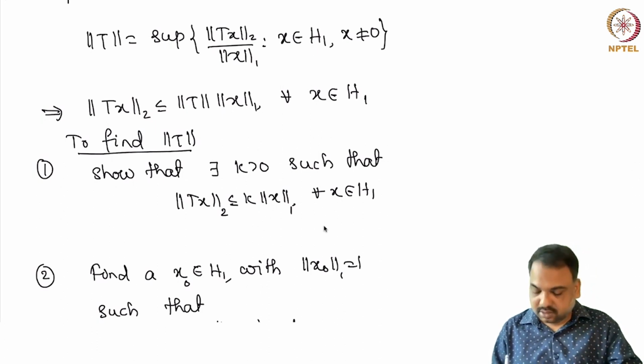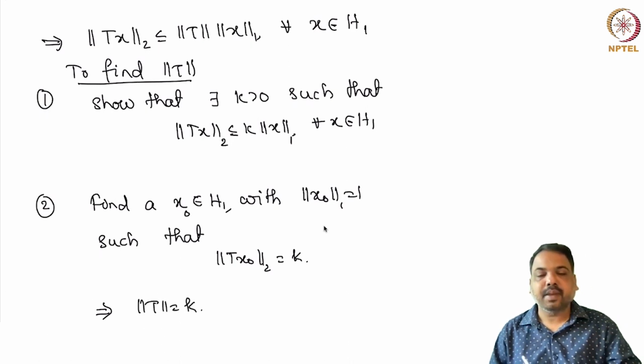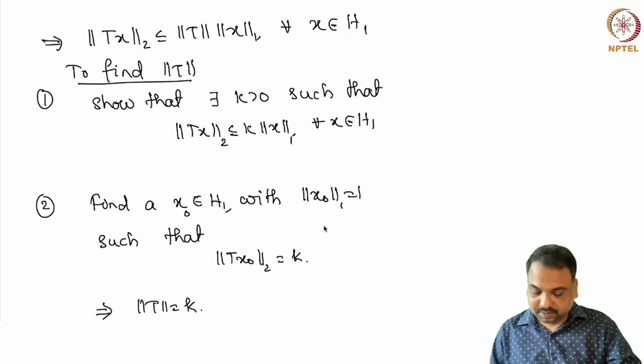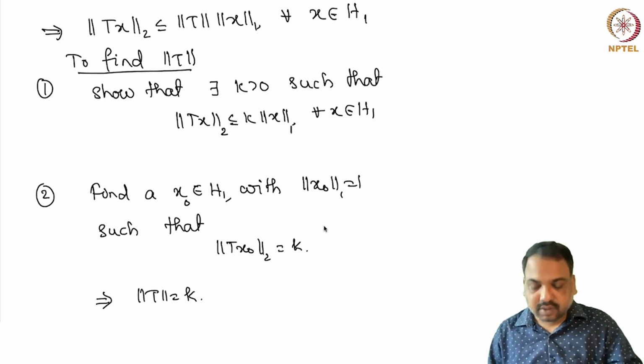Then these two steps imply that norm T equals k. We have also seen an example where finding a unit vector x0 such that norm Tx0 is exactly k is not possible. In that case we found a sequence of unit vectors which approximate the given operator, and using that we showed that k is exactly norm T. Okay, so this is the way to find the norm of an operator.